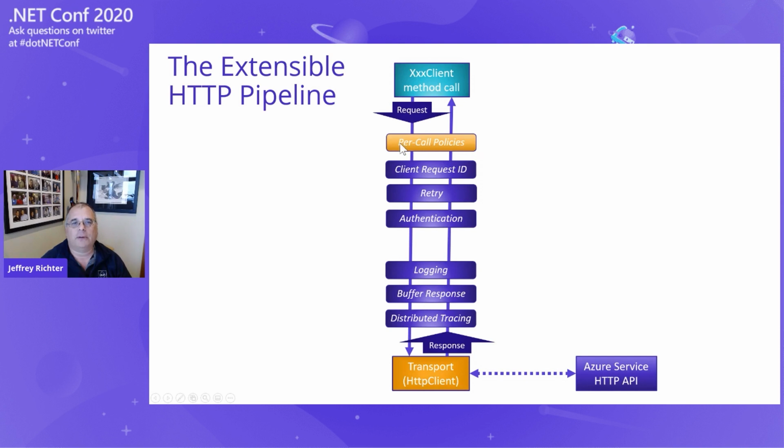And you can insert them as per call policies, which means they will execute once per the method call, or you can insert them as a per retry policy, which means it will execute once per every retry. And you can pick whatever is meaningful to you, whatever you need to be involved with. Okay, so that's our underlying mechanism.